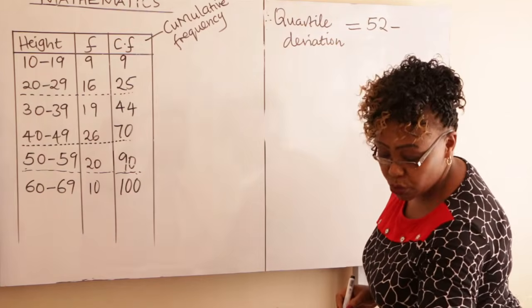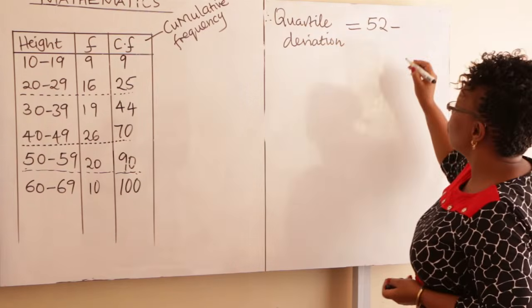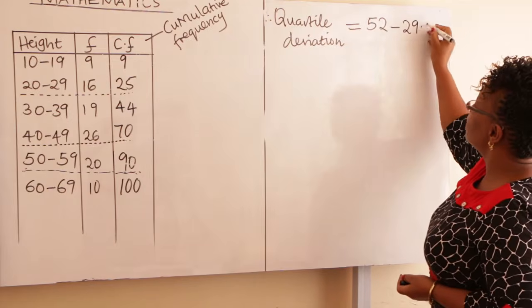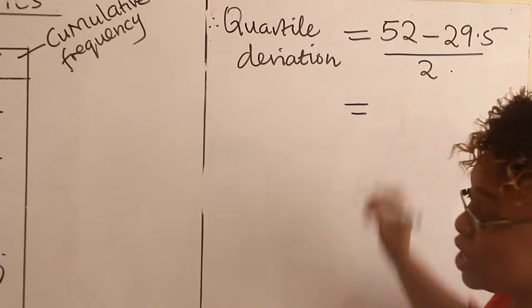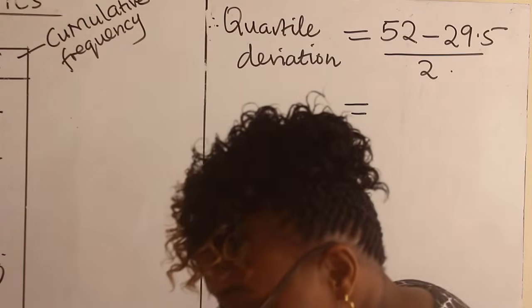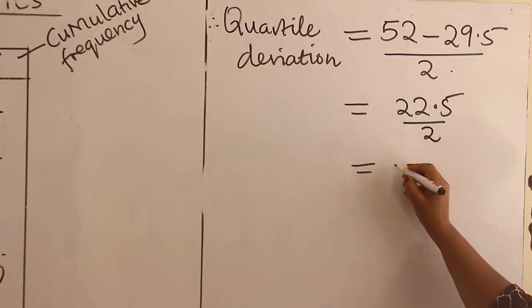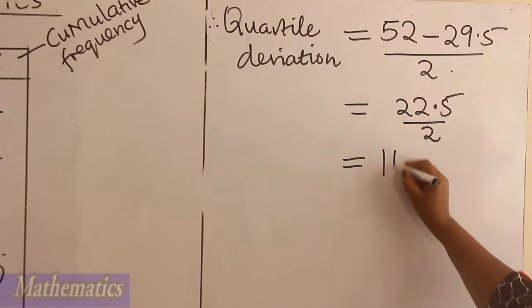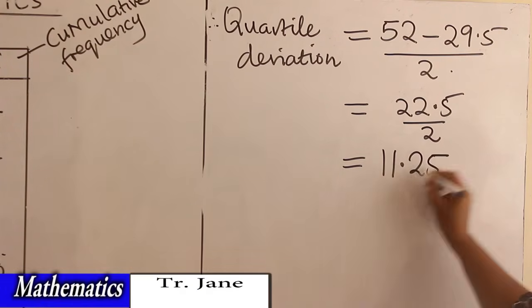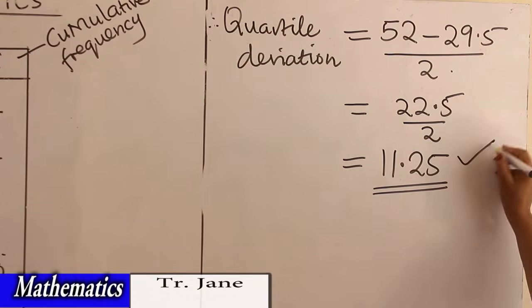Our Q1 was what, learner? It was 29.5. And then you divide by 2. So this gives us what? You use a calculator, and therefore this gives us 11.25, and that is the quartile deviation.